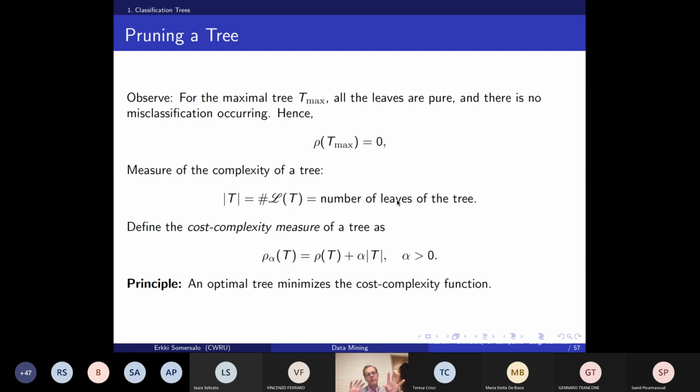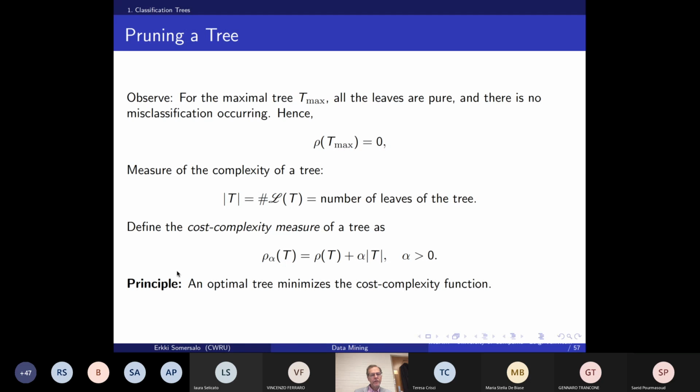Now we want to have a tree which is not too complex, but which still is doing a decent job in classifying the training data. And so we define this cost complexity measure for a tree by taking a linear combination of these two measures. So rho of t is the misclassification rate, and then you say plus alpha, where alpha is some positive number, times the complexity of the tree.